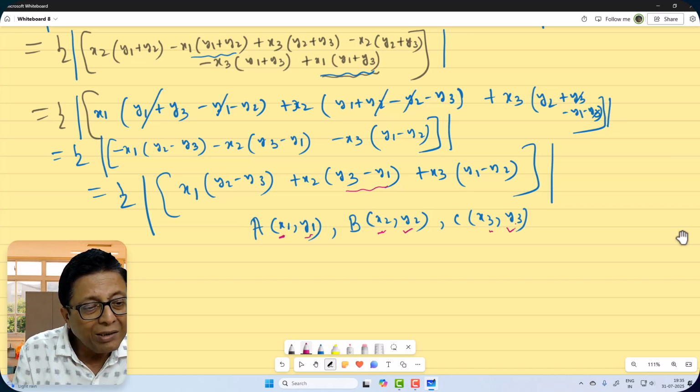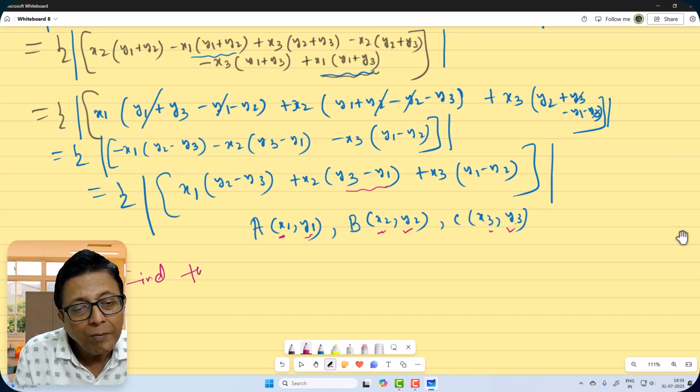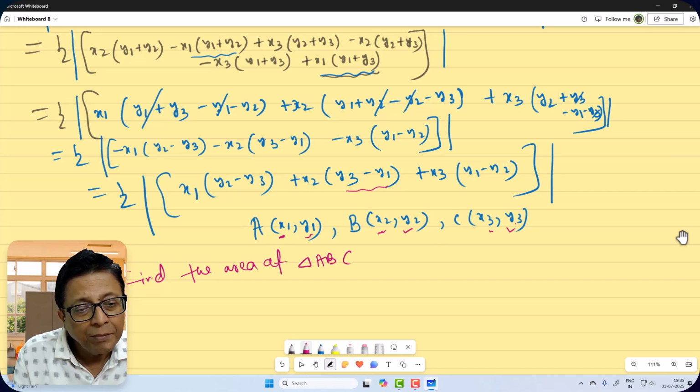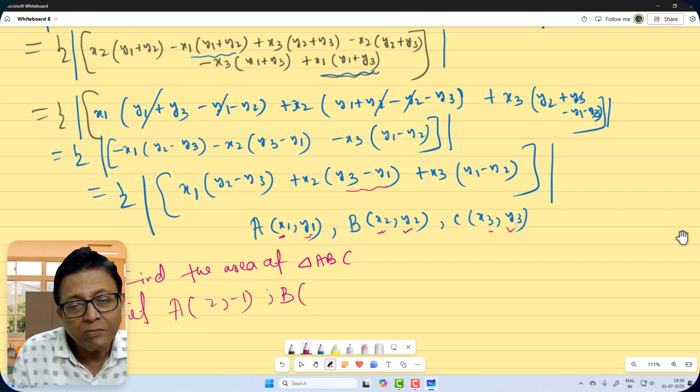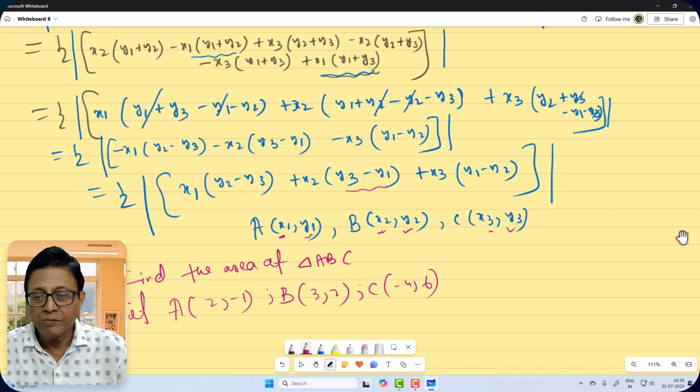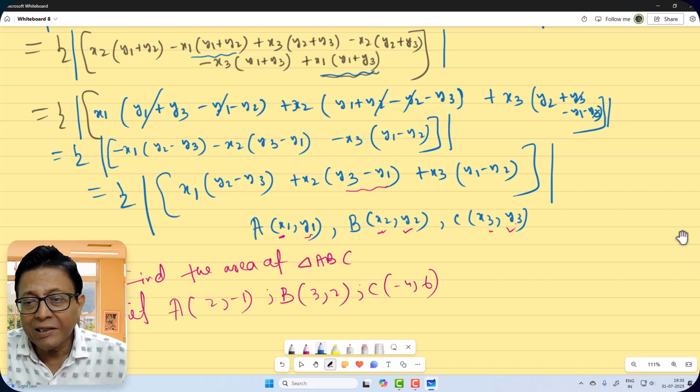Example 1. Find the area of triangle ABC if A is given 2, minus 1, B is 3, 2 and C is minus 4, 6. I apply this thing direct.